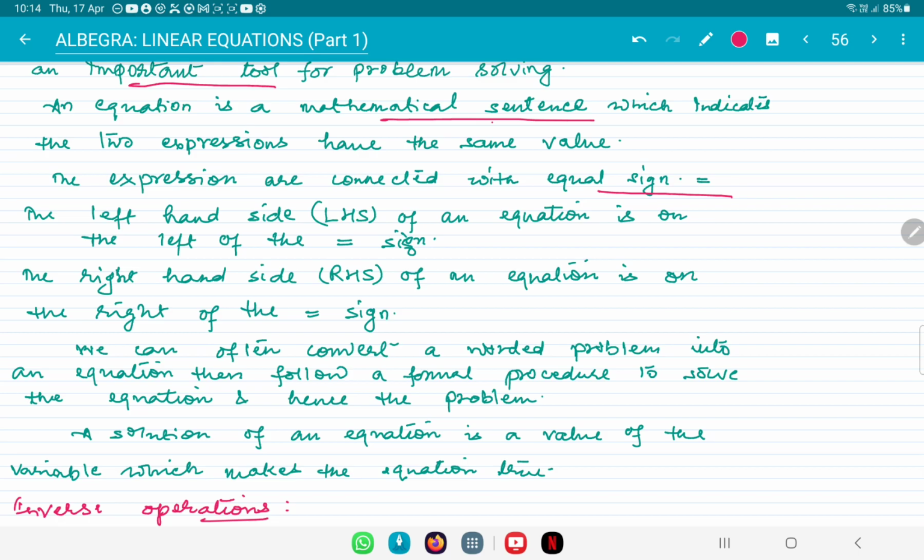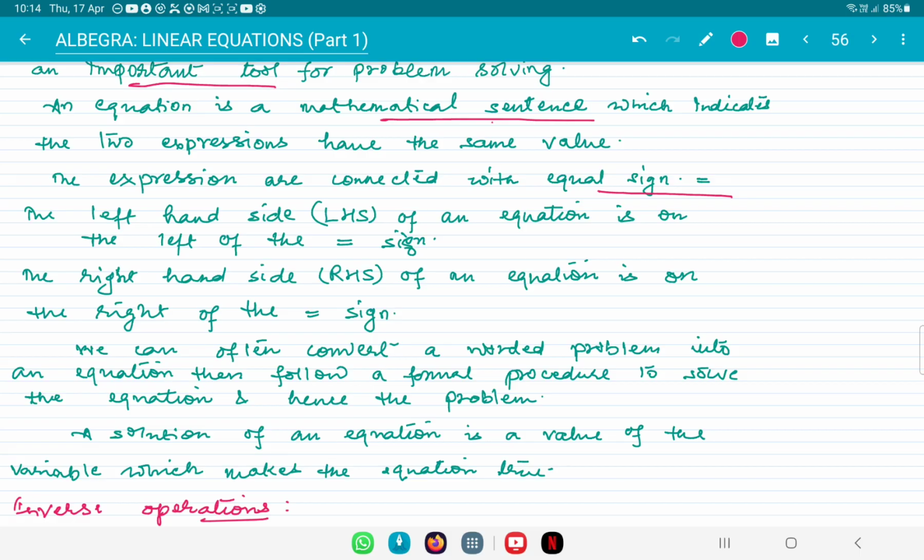On the left hand side there will be some algebraic expression. Algebraic expression means they are combined with different variables, different operations, as well as different constants. And the same on the right hand side, RHS.